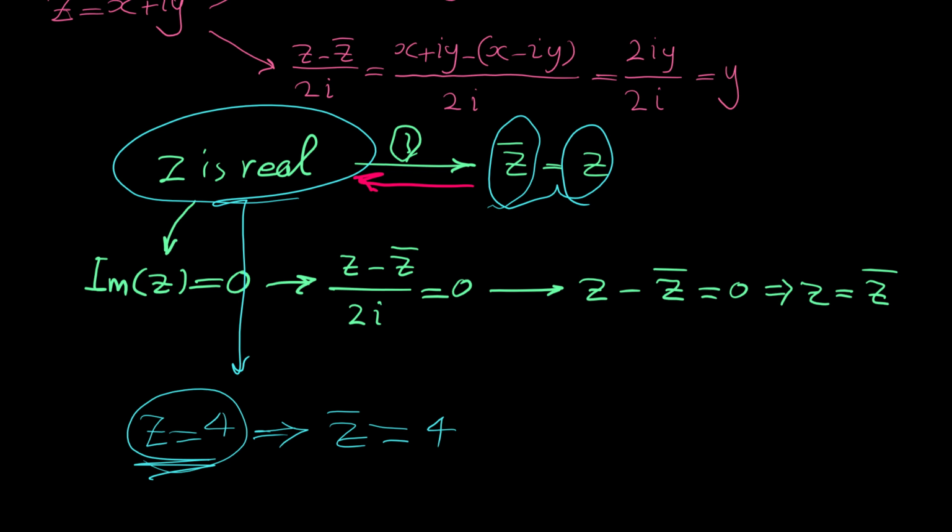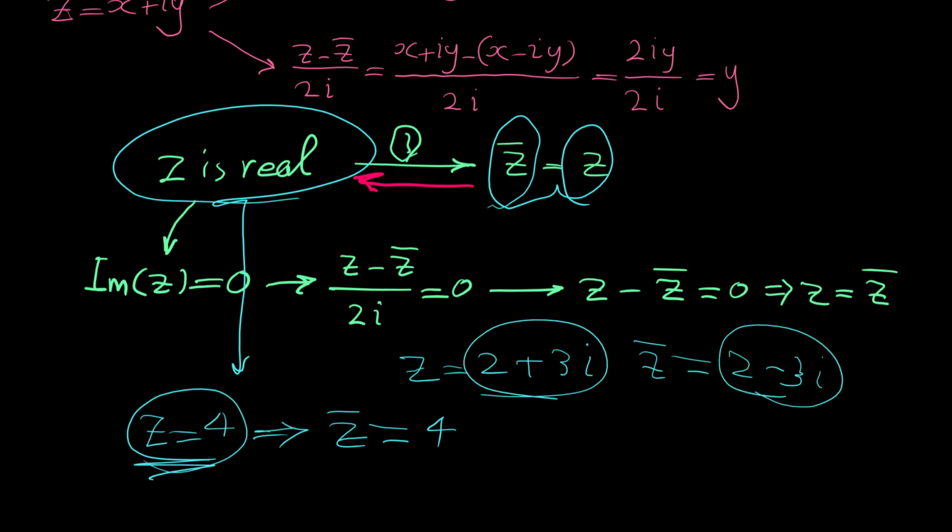Because the conjugate of a complex number is changing the sign of the coefficient of i. When it has no i, it doesn't change. The conjugate would be the same number. But attention, if z is not a real number, like 2 plus 3i, the conjugate would be a completely different number. But when z is real, its conjugate is itself.